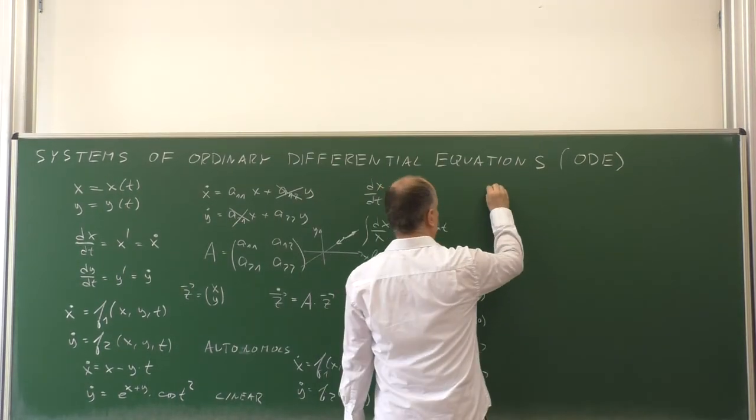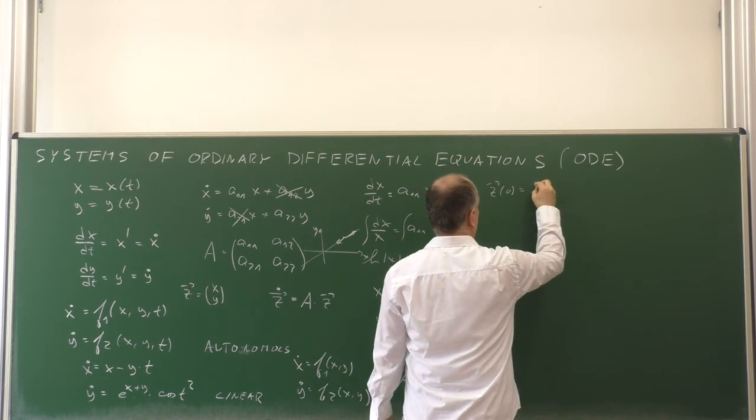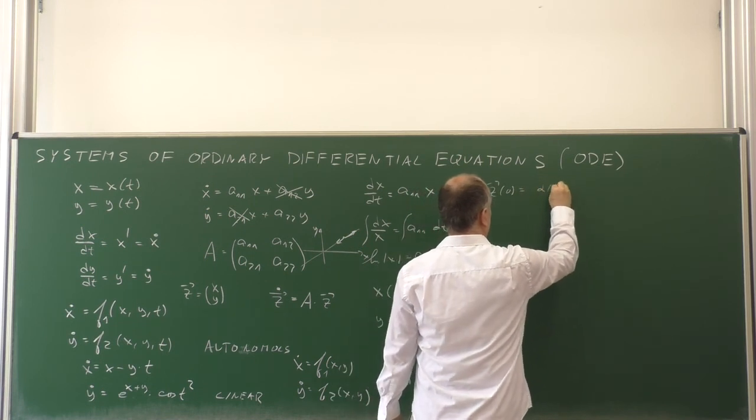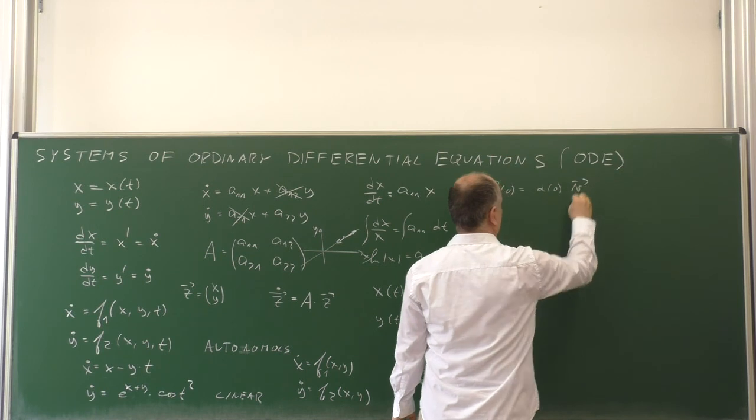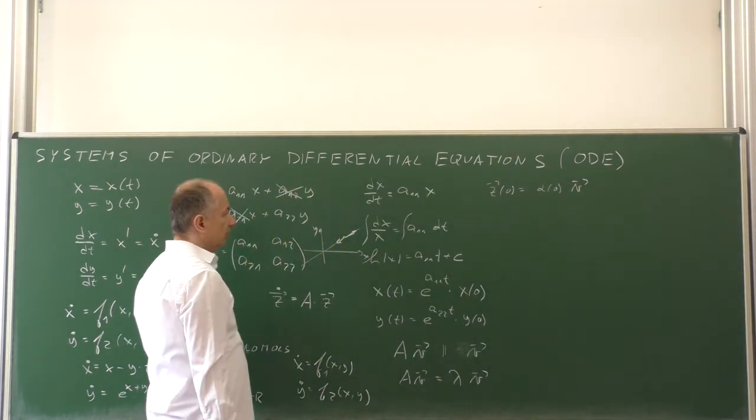Because if z0 is some number times the eigenvector, then so is the derivative z dot.